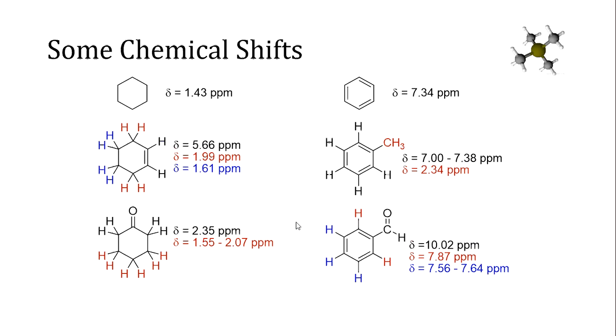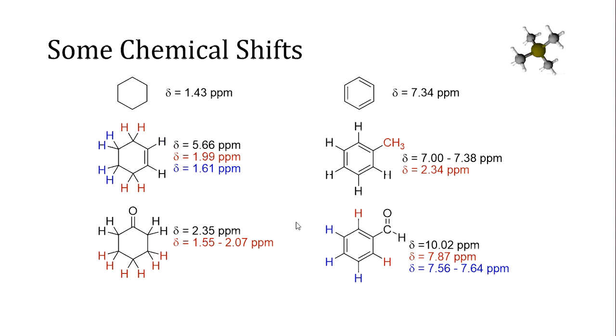And then lastly, the structure of benzaldehyde has a carbon-oxygen double bond again. Because it's an aldehyde, we actually see a hydrogen atom directly bonded to a carbon sharing a double bond to oxygen. And the chemical shift of the aldehyde hydrogen is pretty large. It's up at 10.02 parts per million. So it's shifted to a higher chemical shift.